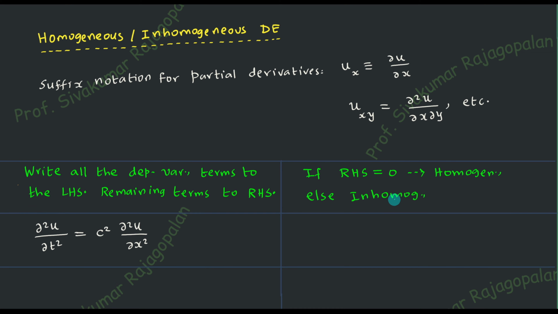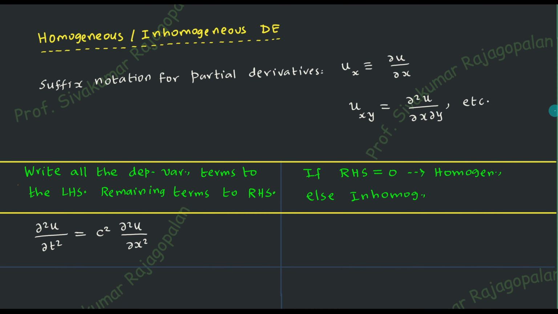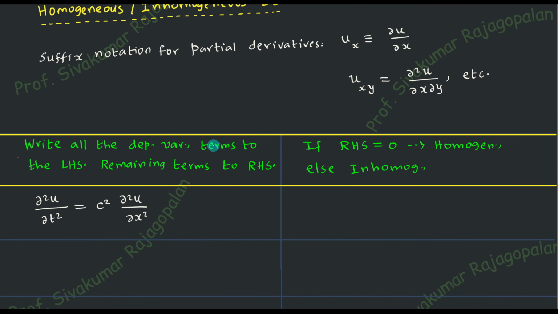So the concept is quite simple, but we need this information, so you have to refresh your memory. Here, u is the unknown quantity, and it is also known as the dependent variable. The x and t are the independent variables, so we don't have to worry about independent variables in the present discussion.